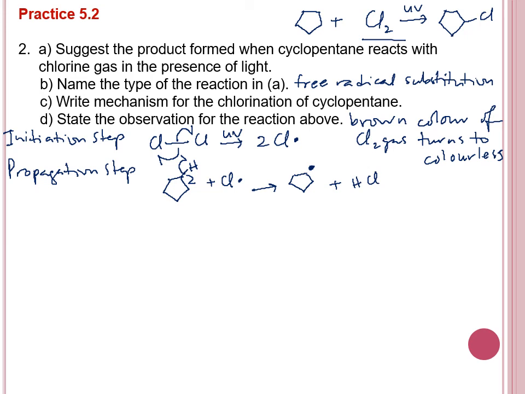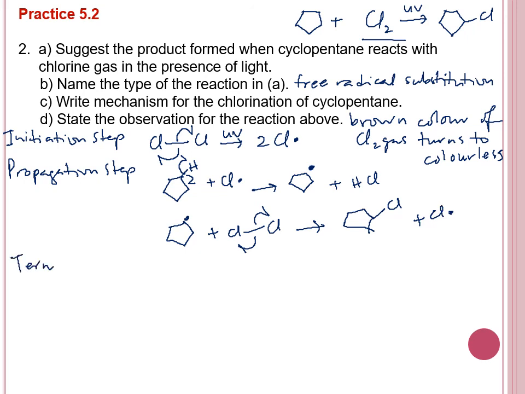Now the second step would be that cyclopentane free radical is going to do the homolytic cleavage on chlorine. So it's going to become the major product, which is chlorocyclopentane together with chlorine free radical.